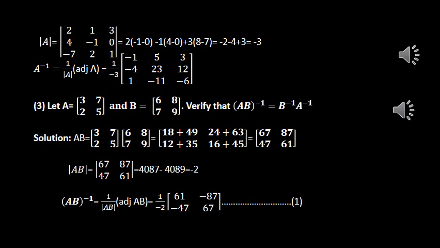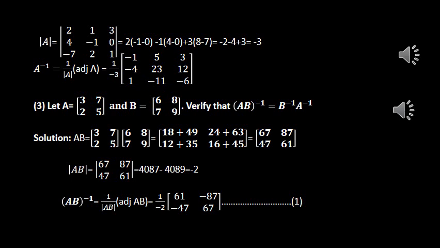You know how to multiply: first row first column, first row second column, then second row first column, second row second column. So we are getting the matrix 67, 87, 47, 61. Now we need the determinant of this AB, and that is 67 into 61 minus 47 into 87.